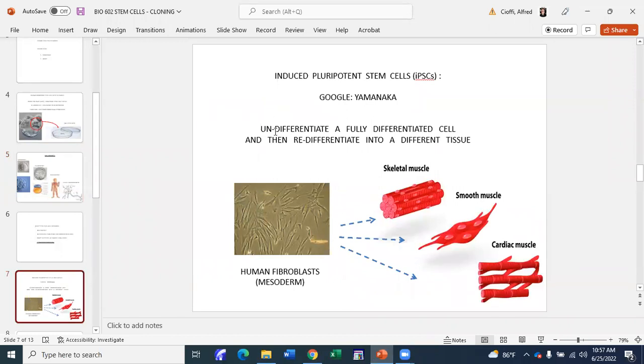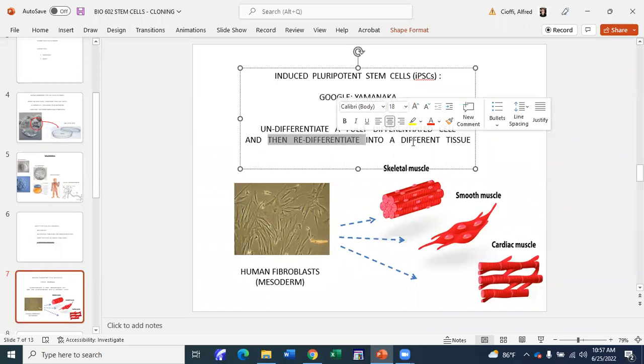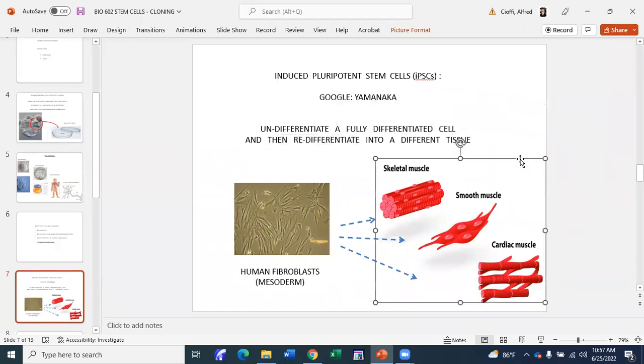The whole issue was here in the undifferentiating of fully differentiated cells. And then, of course, the second stage was to redifferentiate them into a different tissue or the cell lines that I've been talking about. All right, brilliant, brilliant.